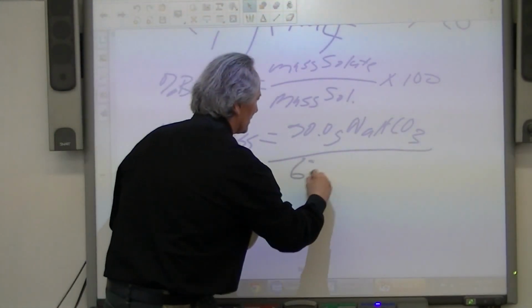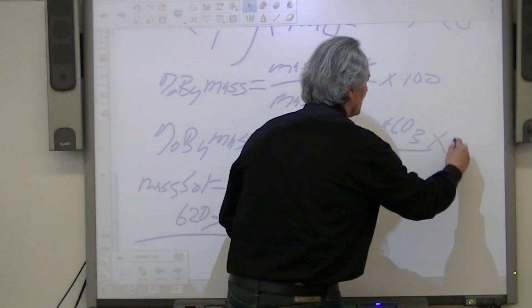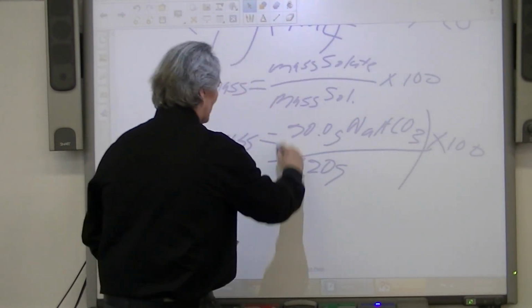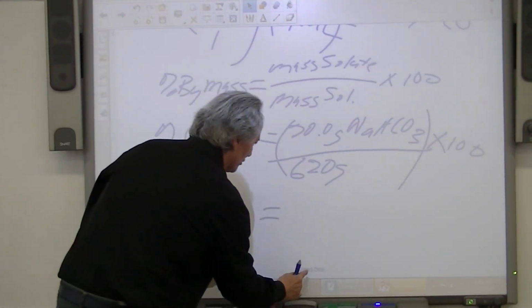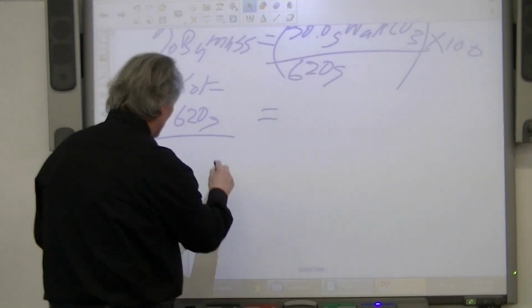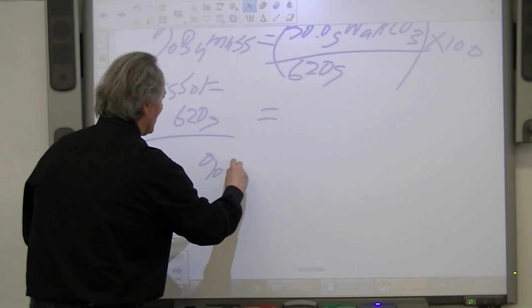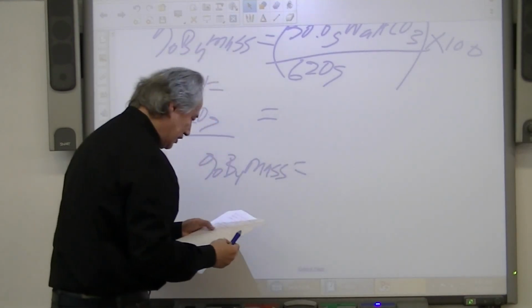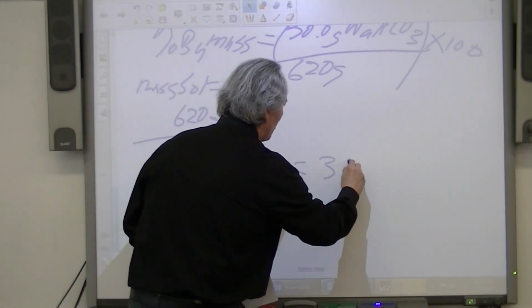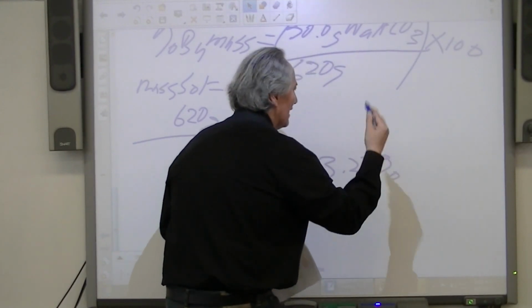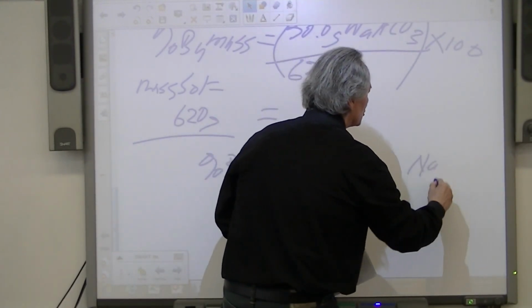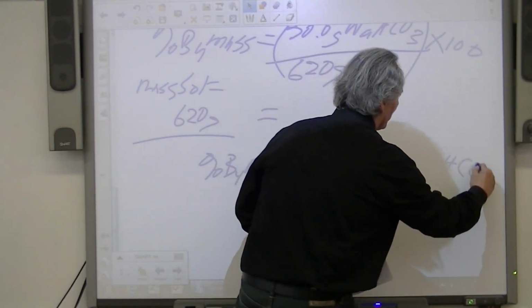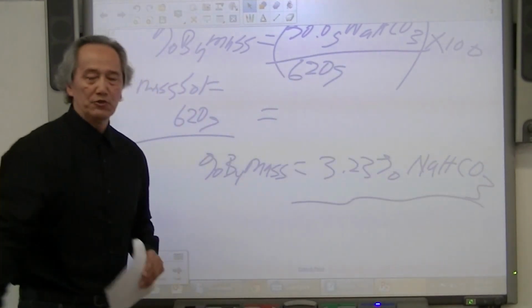Let's plug this in, 620 grams times 100. Now let's plug this in our calculator. And so our percent by mass is approximately 3.23%. And that is percent by mass of the solute, the sodium bicarbonate. And there is our solution.